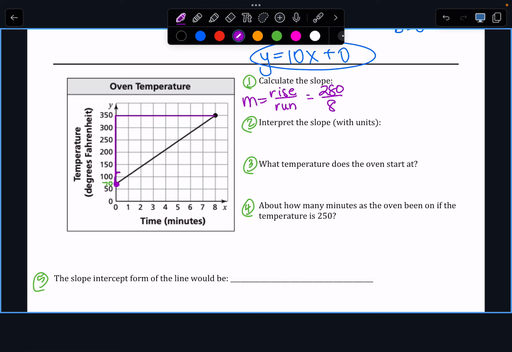You guys, we can't just count these right here. We're not counting by ones. Okay? What's 280 divided by 8? 35 over 1. Okay, 35. Now, what does that mean with our units? 35 what per what?